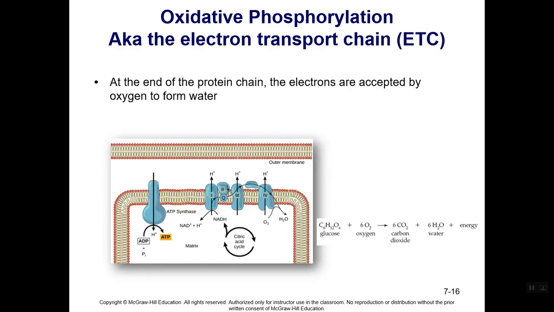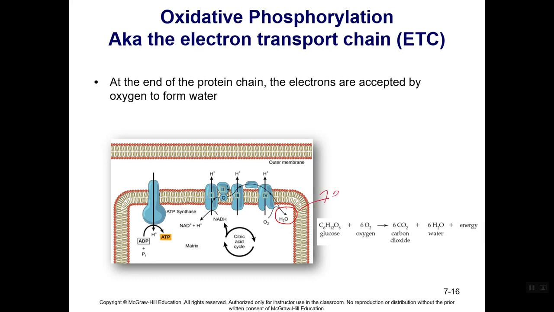At the end of the protein chain, the electrons are accepted by oxygen, and that allows for the formation of water. You'll see that here. Electrons are passed down this chain, and they meet up with oxygen, which then allows for the formation of water.